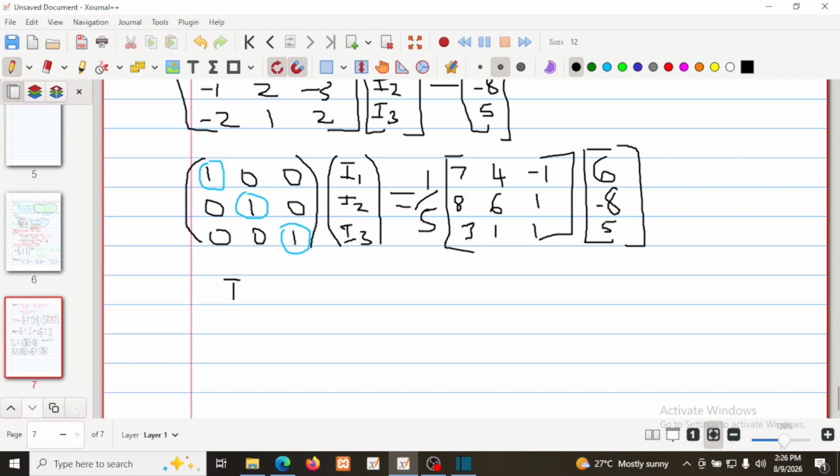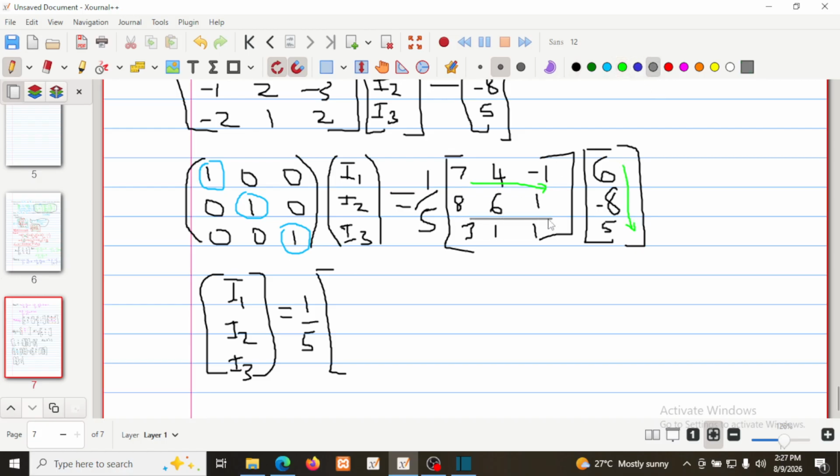We'll have I1, I2 and I3, which will be equal to, let's maintain the determinant. We multiply row by column. In this case we have one column, so all rows and the one column.